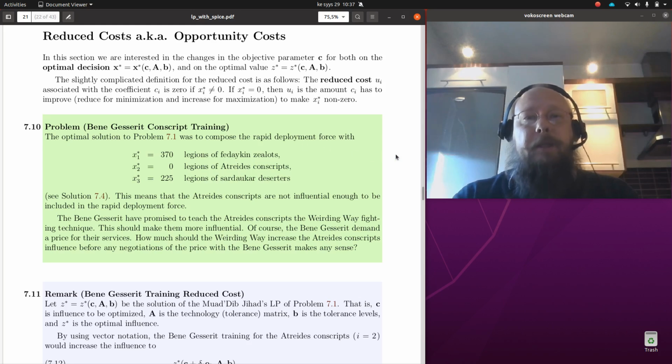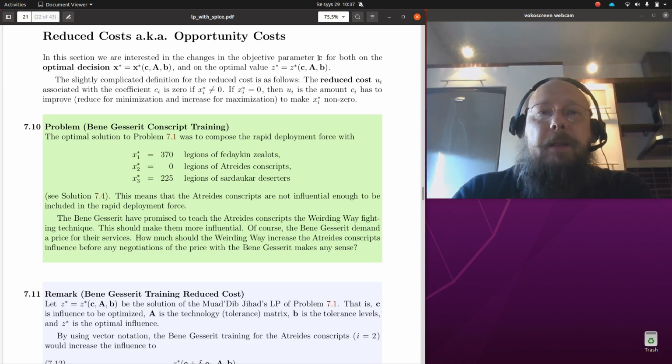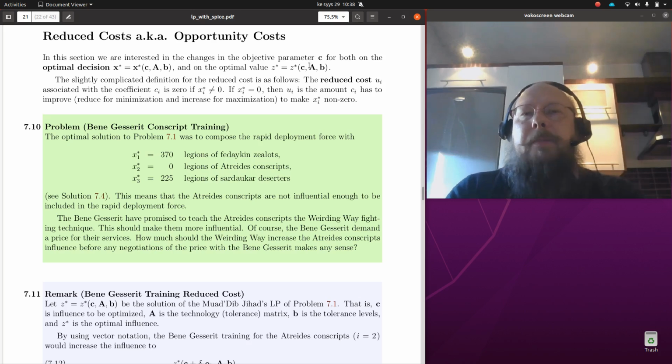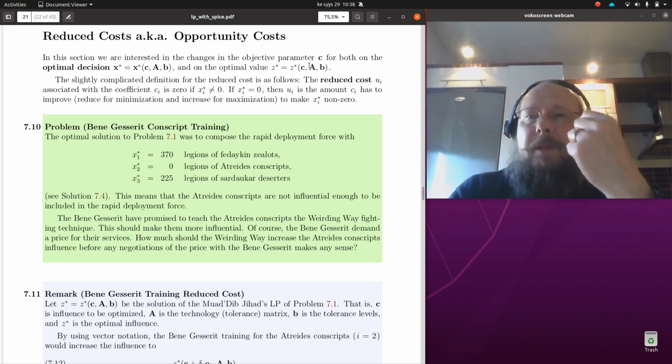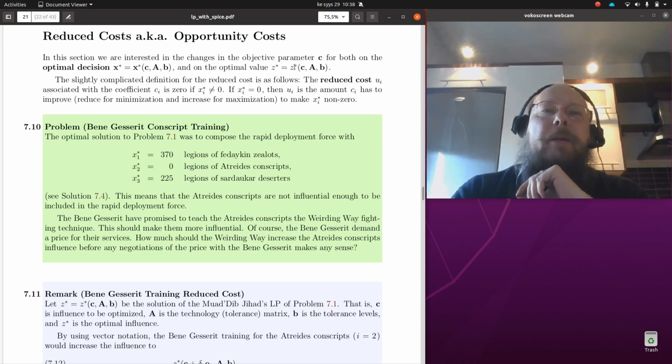So what are these? As we said in the introduction to chapter 7, these are related to the objective function of an LP, so the objective parameter C. In some sense, the other sensitivity parameters that we just considered, the shadow prices, are more or less only related to the optimal value.